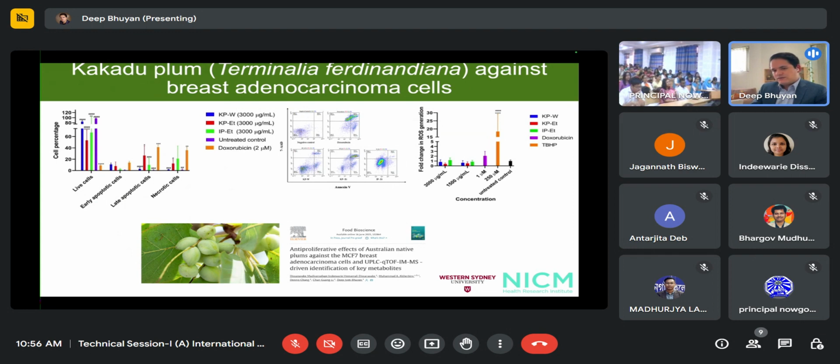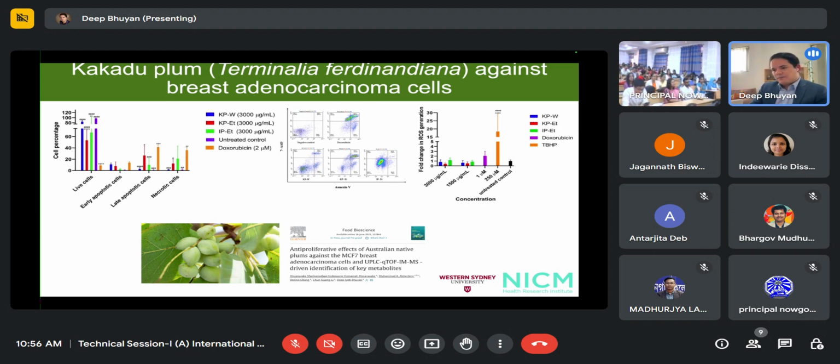And we actually observed that using our fruit extracts, which are kakadu plum water and kakadu plum ethanol. And we had another fruit as well included in the study called Illawarra plum. And that also showed induction of apoptosis, which is a very good sign. This is one of the most desirable traits for most anti-cancer research.